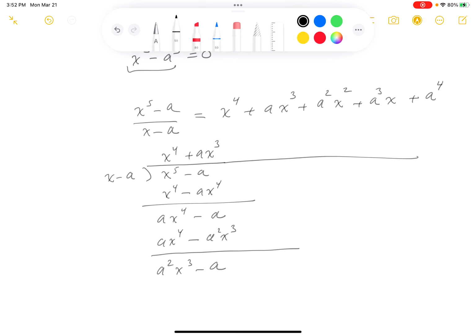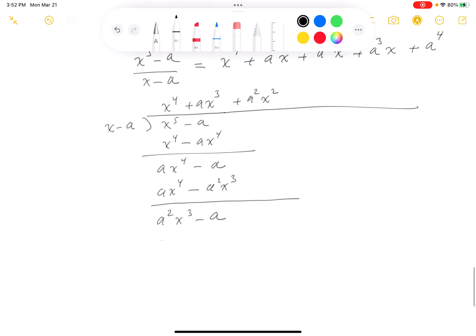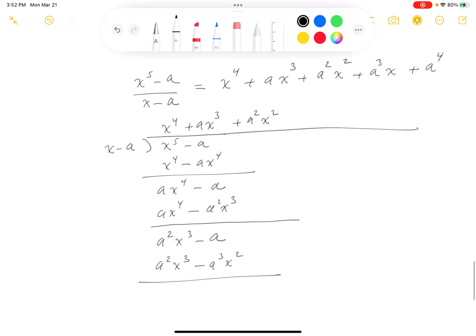Keep repeating, don't we? So it's going to be plus a^2 x^2. What is it going to give me? A^2 x^3 minus a^3 x^2. I am going to subtract.